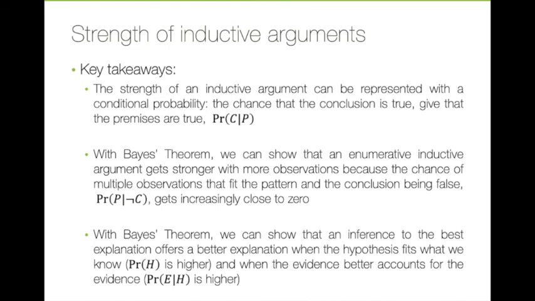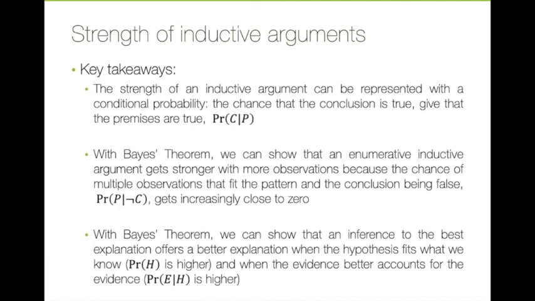So here are the key takeaways of this lesson. First, the strength of an inductive argument can be represented with a conditional probability, the chance that the conclusion is true given that the premises are true, which we can write as the probability of C given P. The second thing is that with Bayes' theorem, we can show that an enumerative inductive argument gets stronger with more observations.